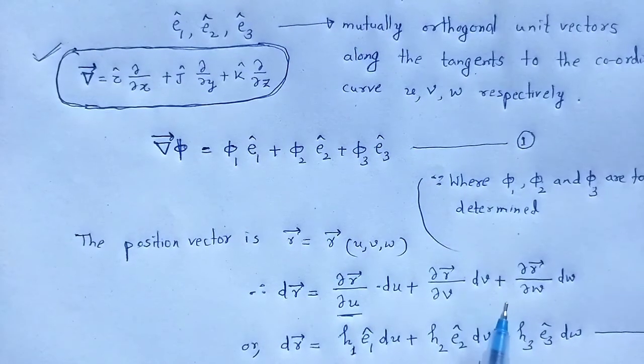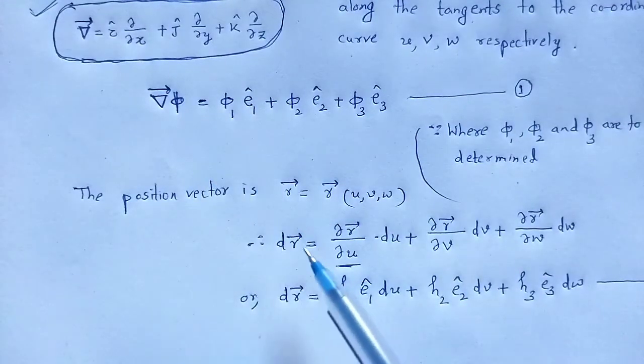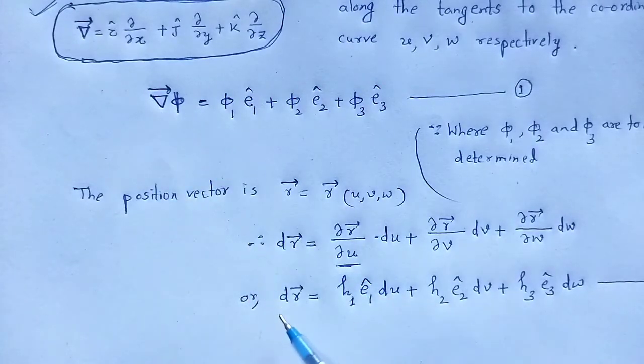Now we take the dot product of grad phi with dr vector.